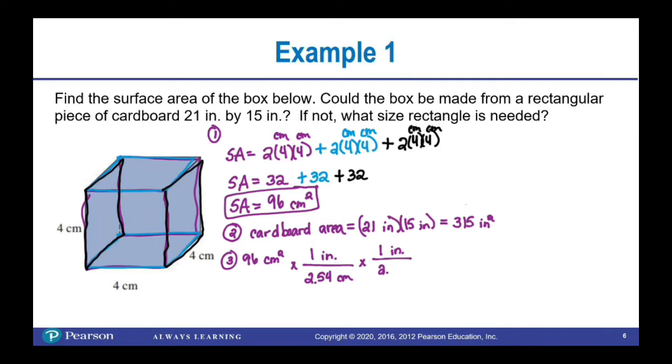So I need to repeat that unit ratio. And now my square centimeters cancel out. Type this into a calculator. Type in 96 divided by 2.54 divided by 2.54, and that gives us 14.88 square inches. So yes, we can make the box from a rectangular piece of cardboard that is 21 inches by 15 inches.